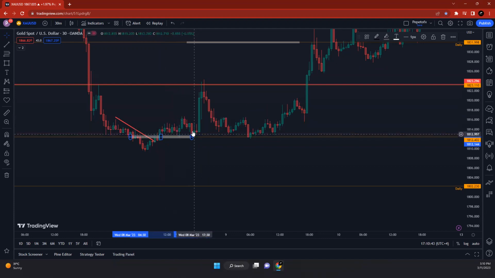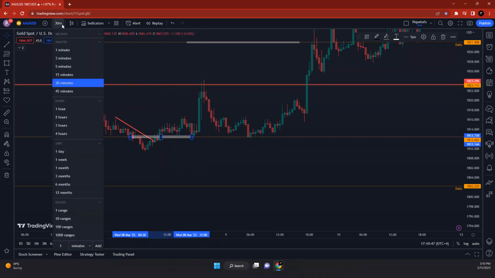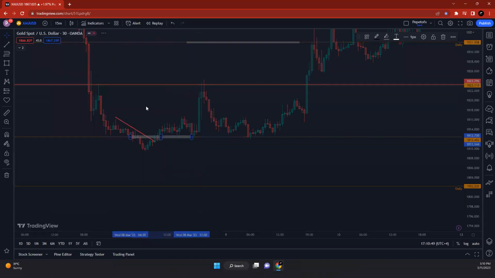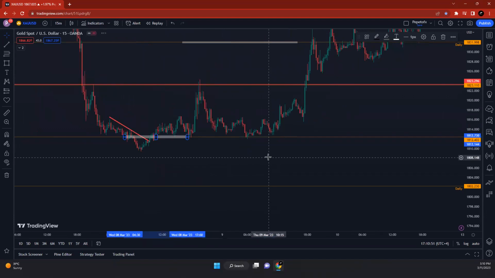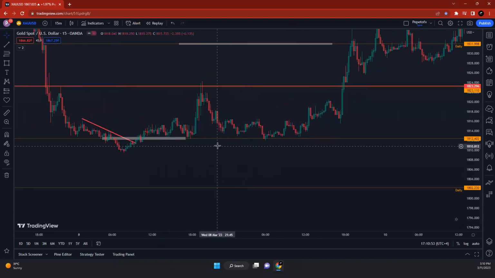One time, now you cannot catch 30 minutes, no problem. You can go for 15 minutes. You see this candle closed above, rejection to the level, you can buy from here. So this type of confirmation I wait. So this is my price alert. Then I wait for entries here.